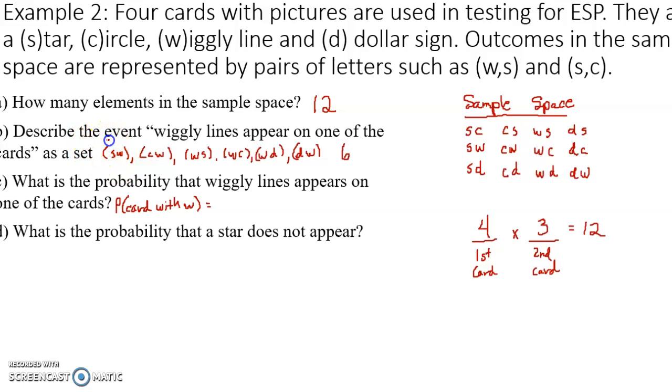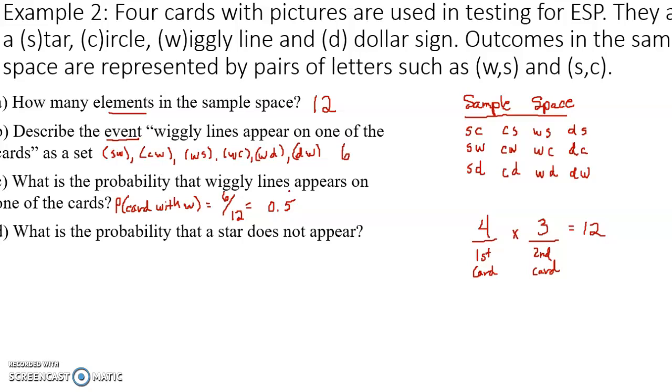Well, that's the probability of our event. And that will be 6 divided by the elements in the sample space, the total number of ways we can pull 2 cards, and that is 12. And when we calculate that, we get 0.5 as our probability. So this is one of those where it is a 50-50 chance.